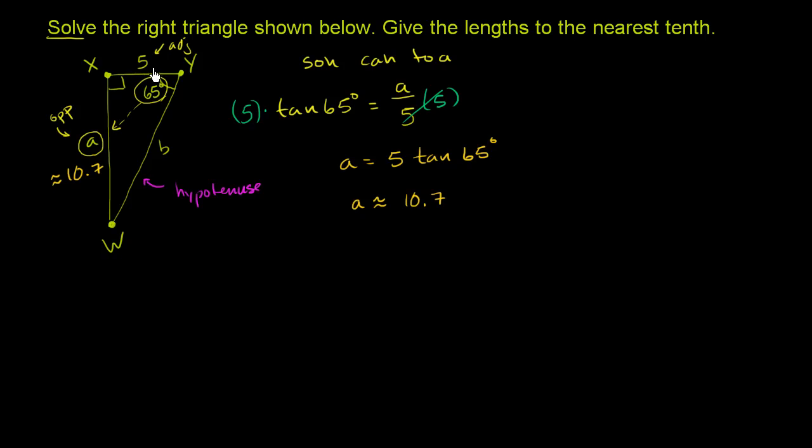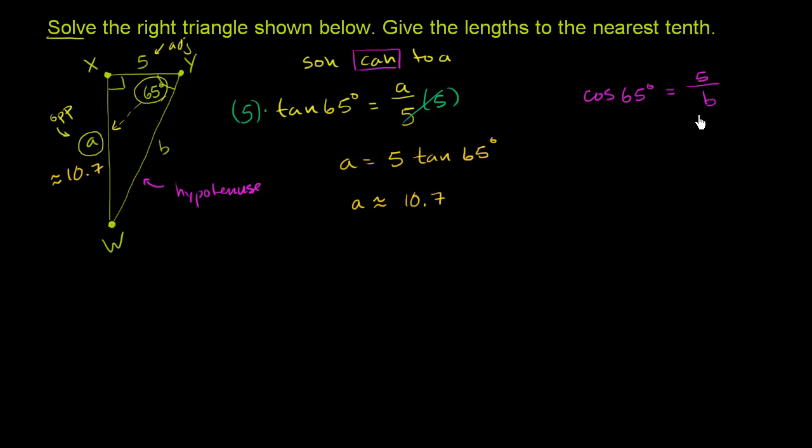What trigonometric ratio deals with adjacent and hypotenuse? From SOHCAHTOA, cosine deals with adjacent over hypotenuse. So we can say that the cosine of 65 degrees is equal to the length of the adjacent side, which is 5, over the length of the hypotenuse, which has length B.